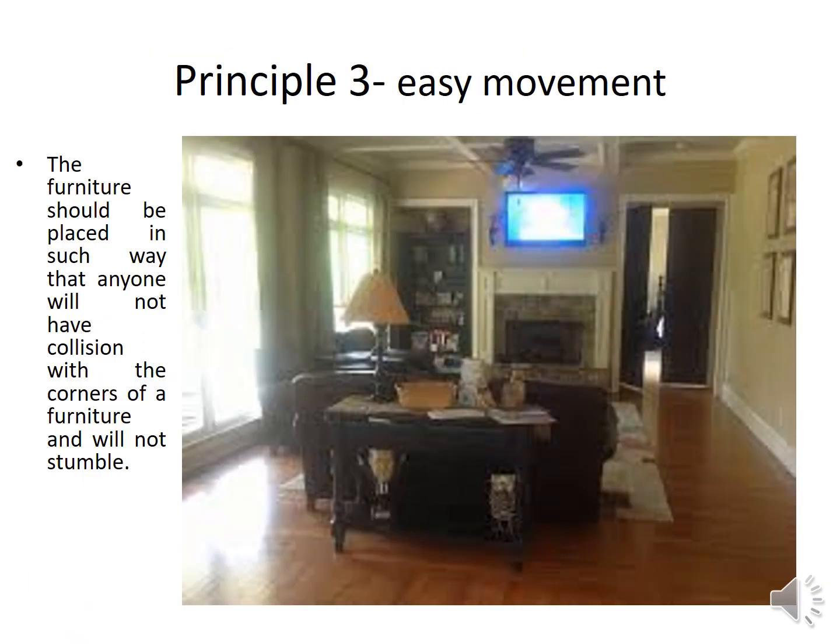And number 3 is easy movement. The furniture should be placed so that there is no collision with the furniture, the wall, or a person, so that especially children can easily move around the entire room.